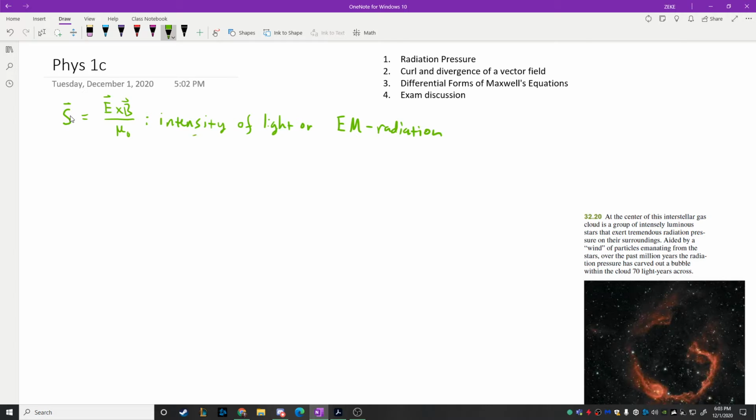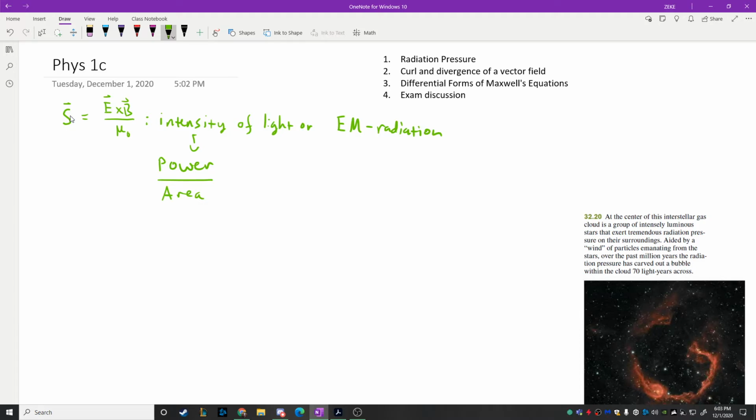And by intensity we usually mean power per unit area that's delivered. So it's related to the rate. Power is the rate at which energy is flowing, and you divide that by the area.